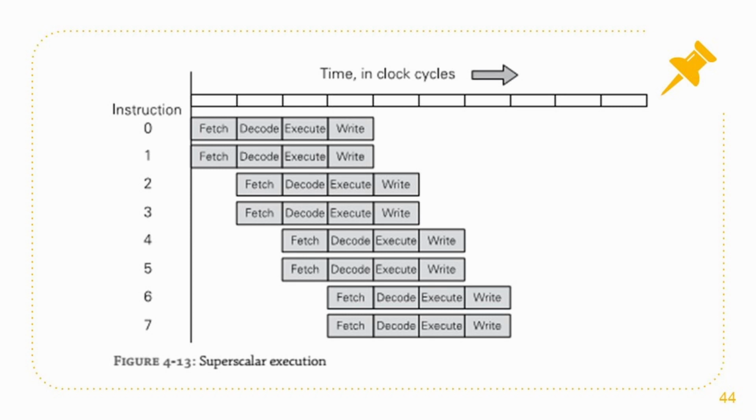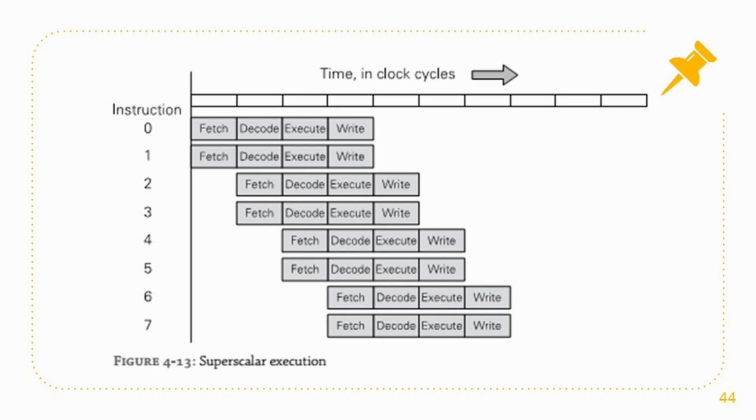The goal of superscalar execution is to keep all available execution units busy as much of the time as possible, thereby maximizing instruction throughput and overall CPU performance. By executing multiple instructions simultaneously, superscalar CPUs can achieve higher levels of instruction-level parallelism and improve program execution speed.